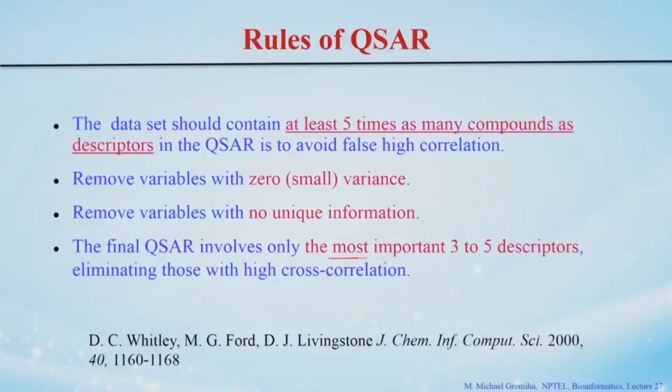If you look into these QSAR models, in most cases the final model contains the most important 3 to 5 descriptors. You can have a large number of descriptors, make a subset and train, then again take the best features and make a smaller subset. Finally, you end up with 3 to 5 descriptors, eliminating those with high correlation among these properties, and then you can see whether the model can explain the biological activity well.